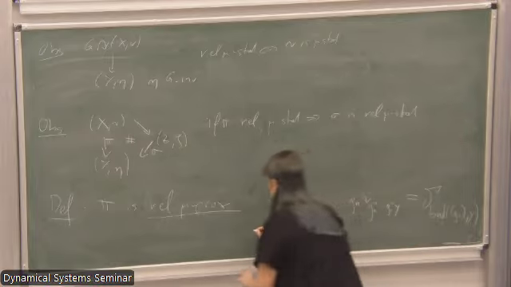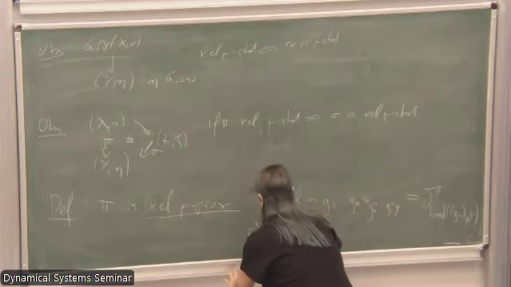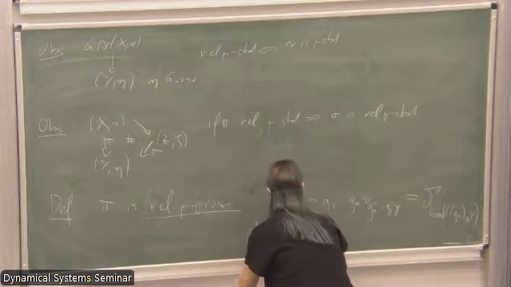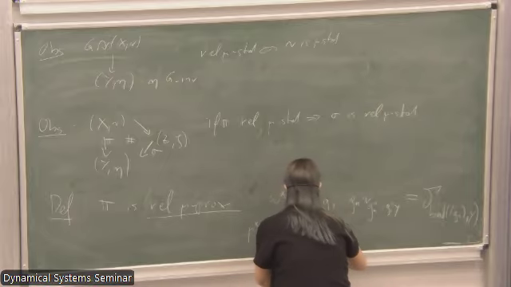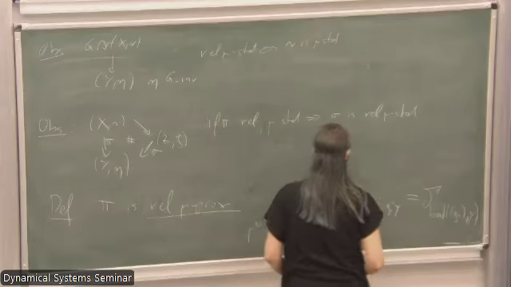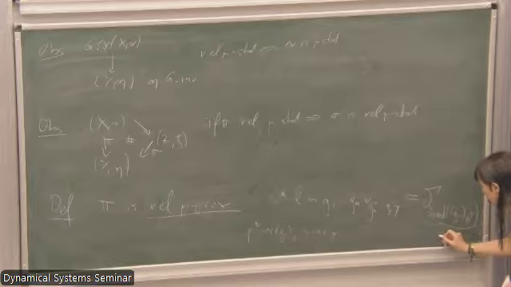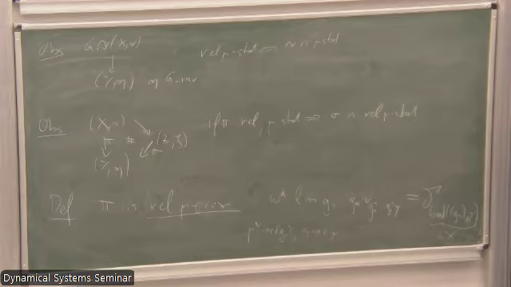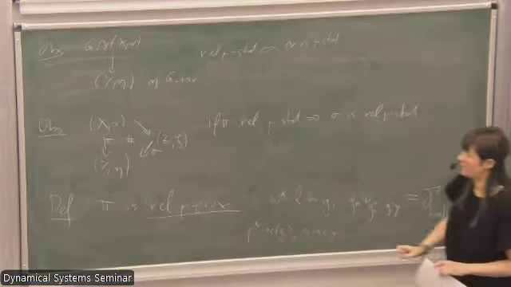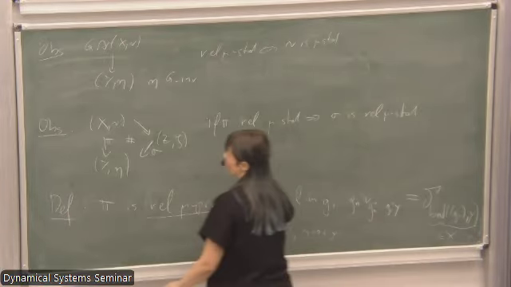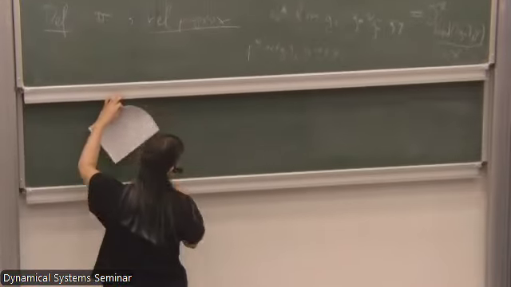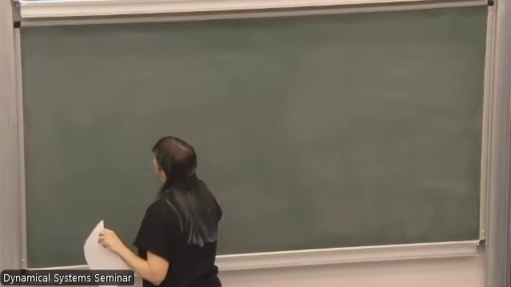And this should happen for mu to the n almost every sequence and eta almost every y. This is a point in my space X, actually in the fiber, in the pi inverse of this little y. Good, so now I have everything to define a boundary.